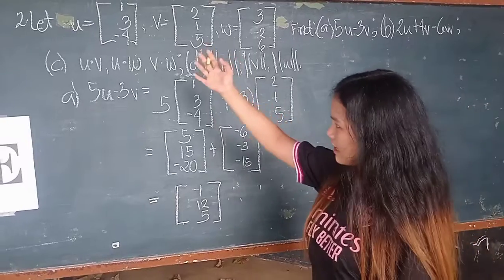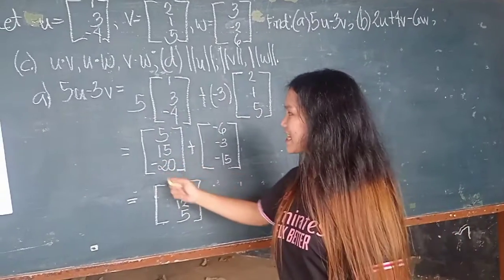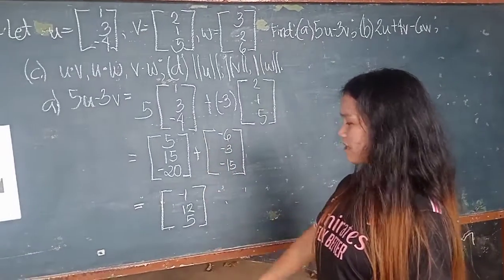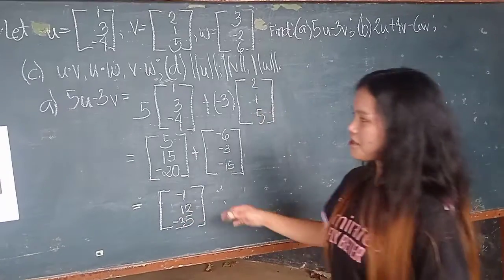The last one is 1, 3, negative 4, so 5 times negative 4 is negative 20. Therefore, the answer is negative 35. And that's it for letter A.